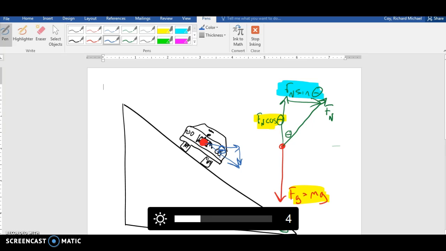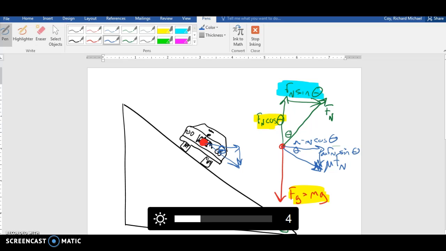So we know you've got the net frictional force in that direction, which is going to be mu times the normal force. And then you've got this horizontal component, which is going to be mu times the normal force times cosine theta. And then the vertical part, which is going to be mu Fn sine theta.